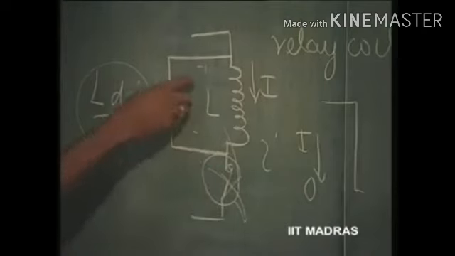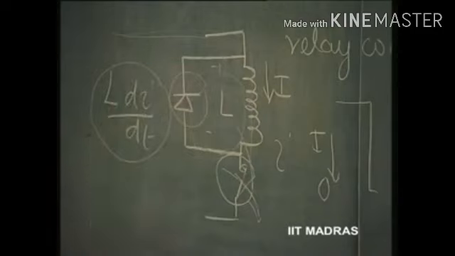So, the current cannot flow through the diode in this direction. But the moment the switch is opened, the inductive current can flow through the diode like this. It will flow through the diode until the entire energy gets dissipated in this circuit itself. So, this kind of structure will prevent the switch from getting spoiled.